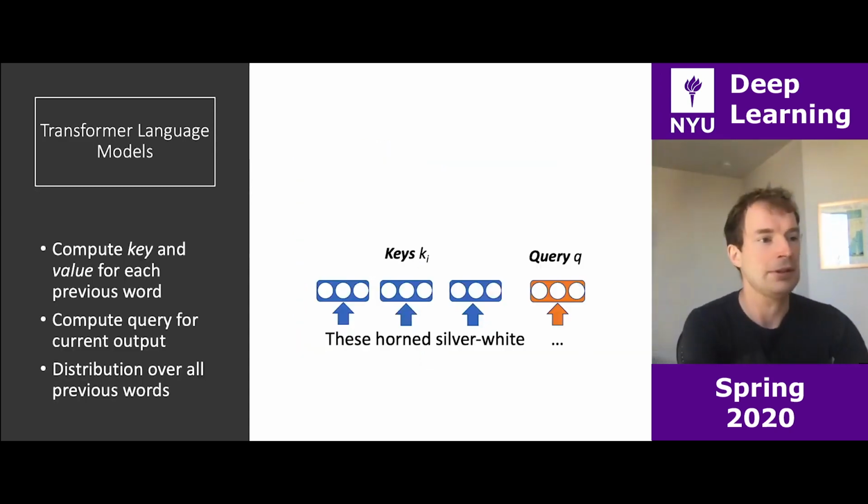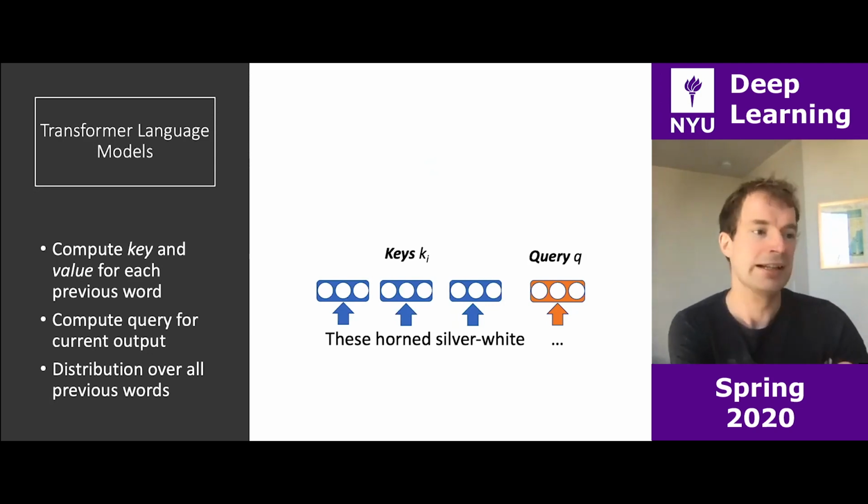So let's take this example where the context here is, let's say, these horns silver white, and we're trying to predict the next word, which in the example before was unicorn. So for the word we're trying to predict, we're going to compute this value called the query. And for all the previous words, we're going to compute a quantity called the key.